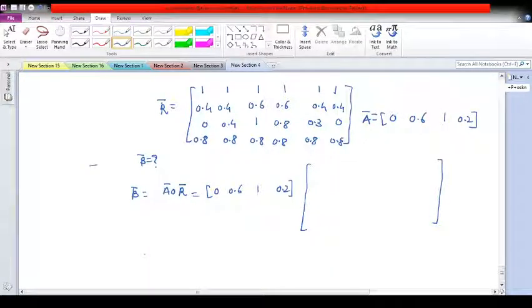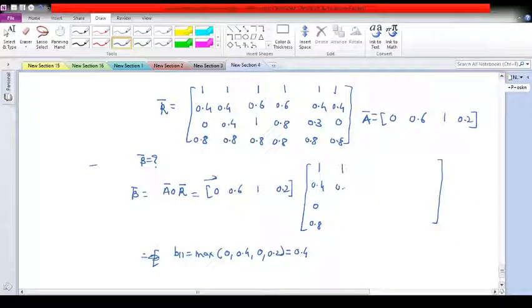Okay, so what will it be? First let us calculate b11, which will be the max from first row to first column. So what is the first one? 1, 0.4, 0, 0.8. Okay, so the minimum will be 0, 0.4, 0 and 0.2, and select the maximum from it, which will be 0.4.